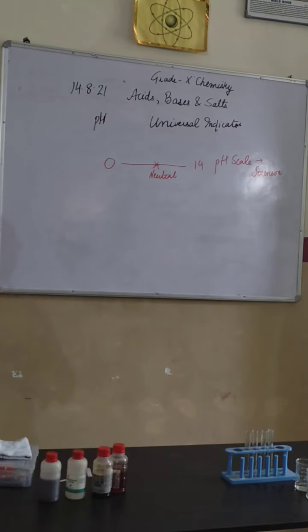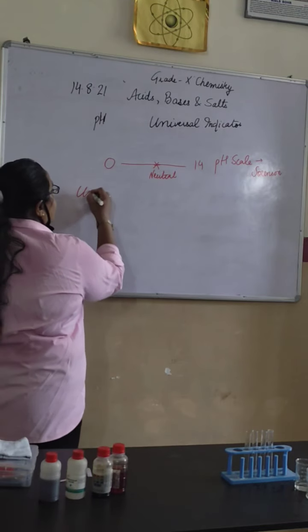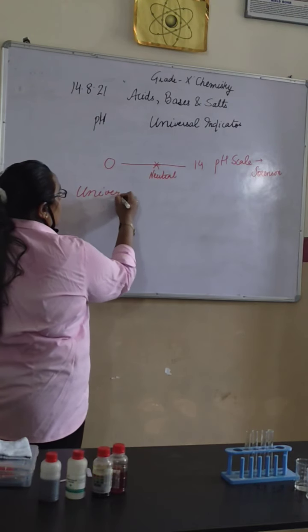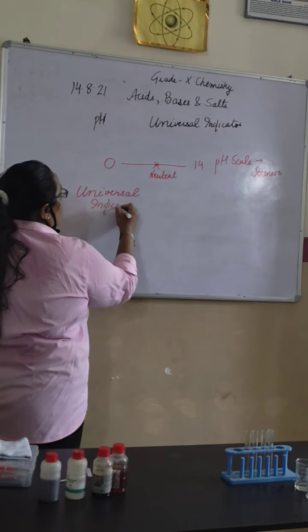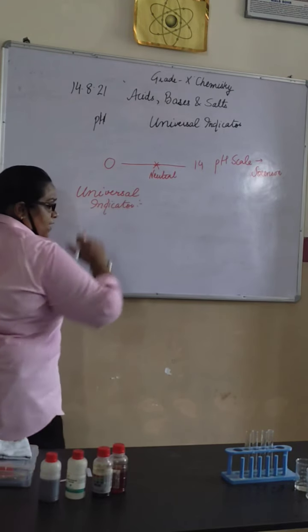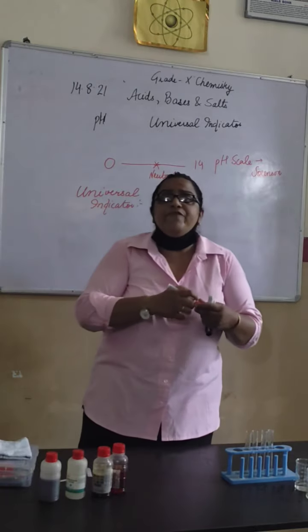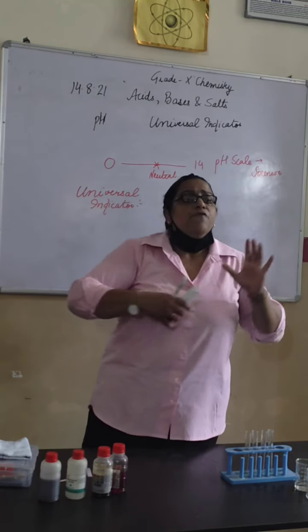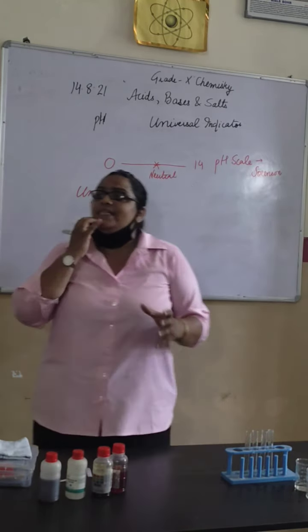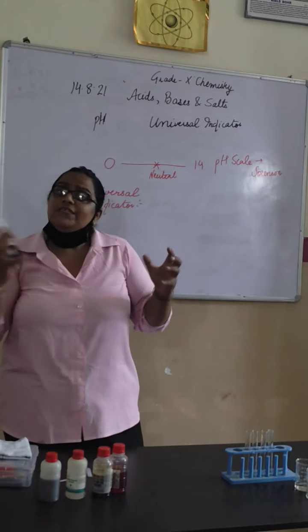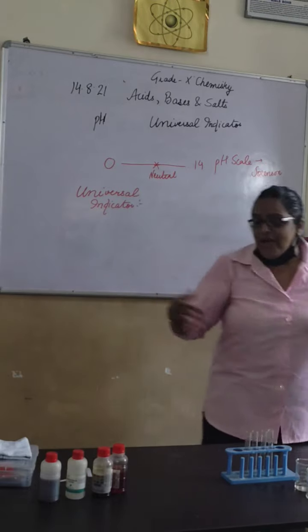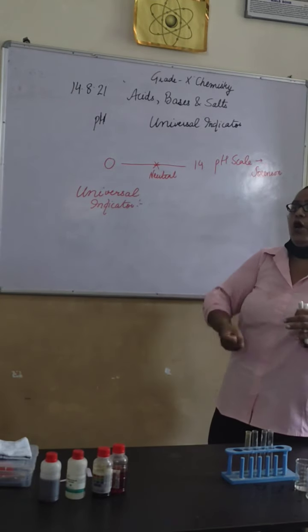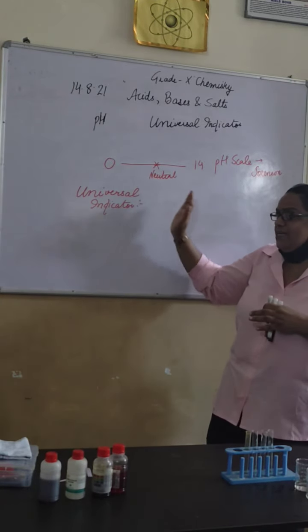Next, universal indicator. See, universal indicator is a mixture of different dyes or chemicals which is used to calculate the pH of different solutions, or it is used to find out the colors of the solution or pH of different solutions.